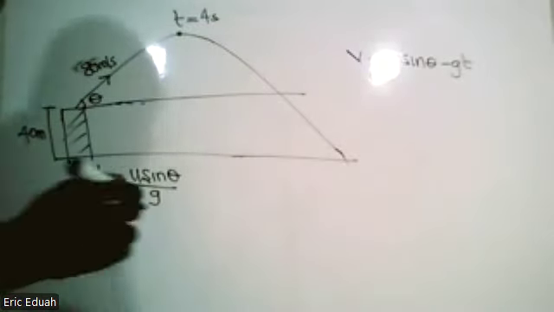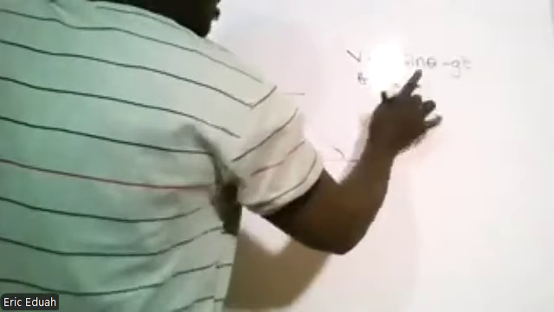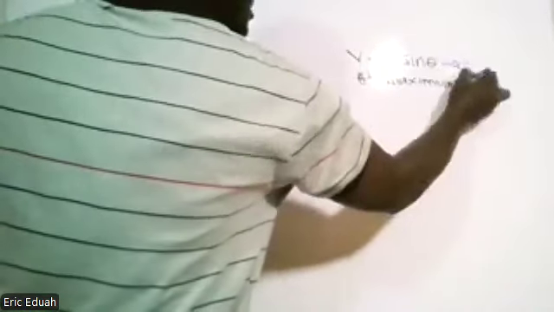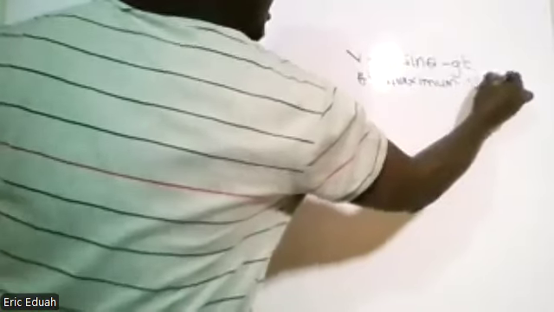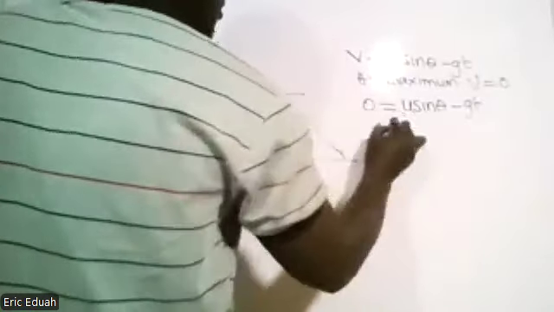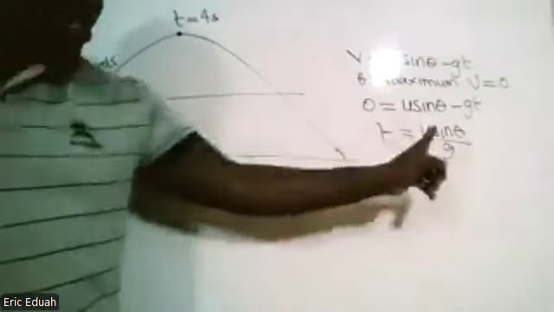But we also know that at maximum height, vertical velocity is 0. So if v is 0, we equate this to 0 and make t the subject. You have the expression for the time taken to reach the maximum height. So this is the relation I'm using.